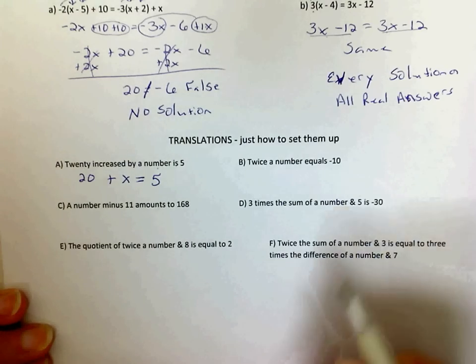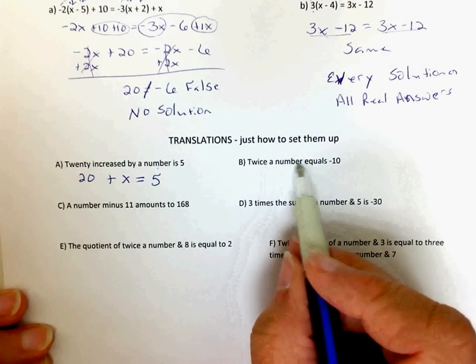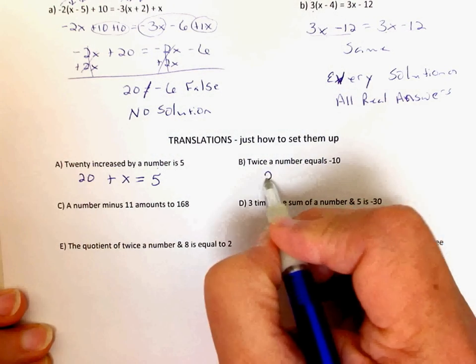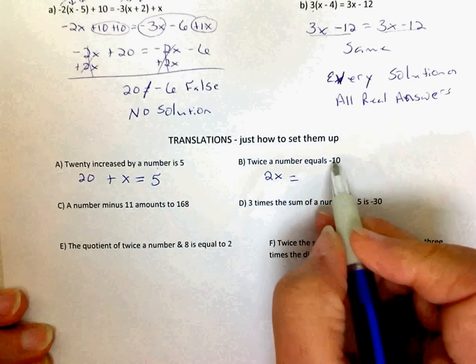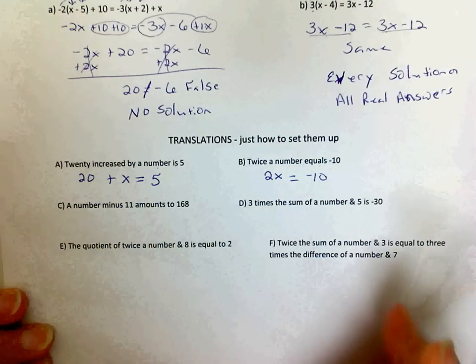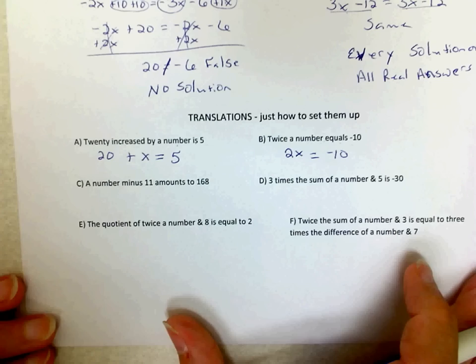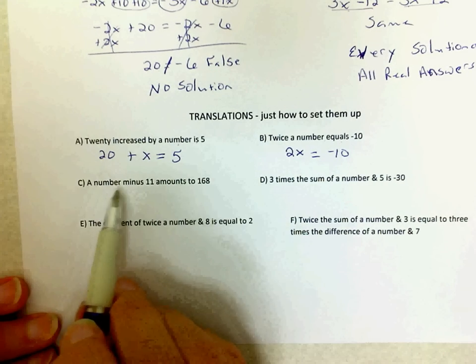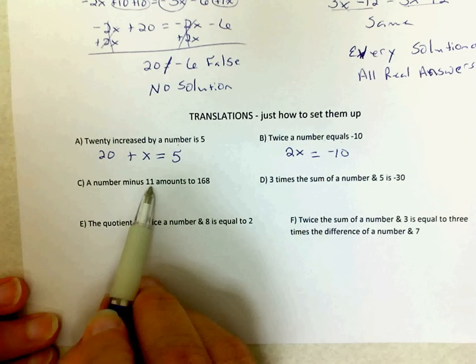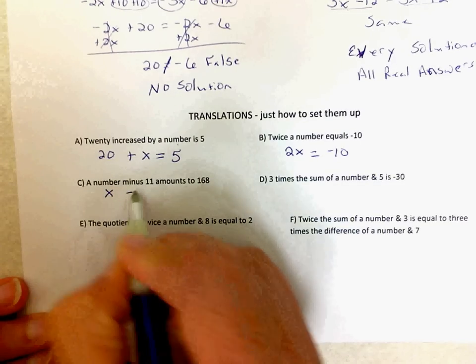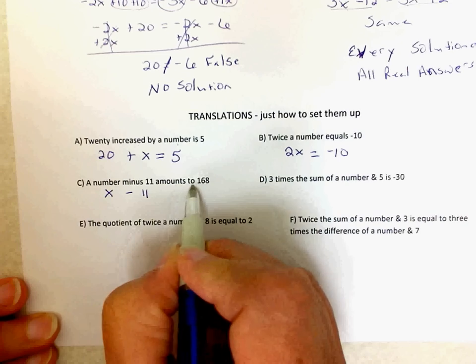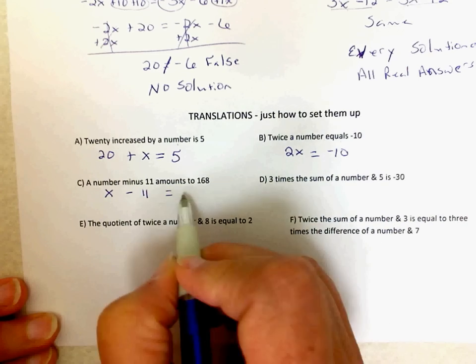Now, twice a number means 2x, equals means equals, and then negative 10. A number minus 11. A number is x, minus is minus, 11, amounts to means equals, 168.